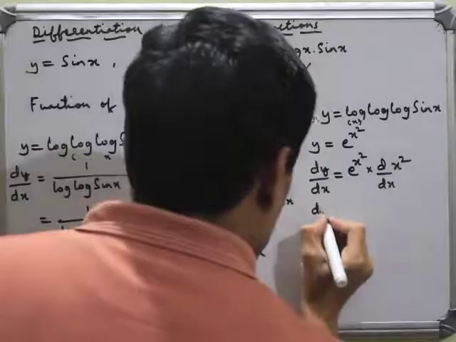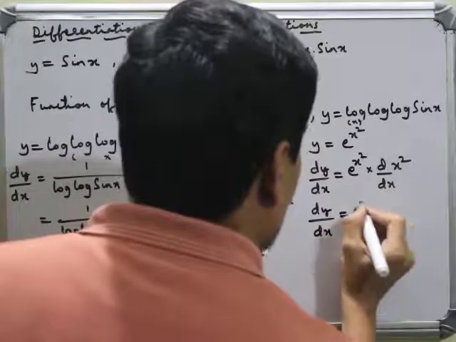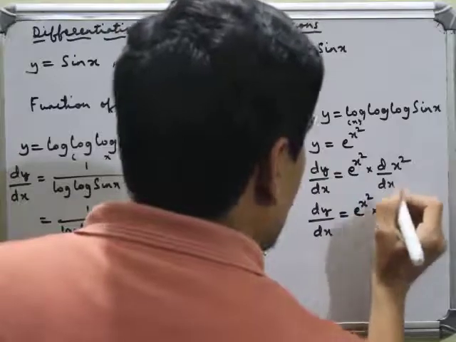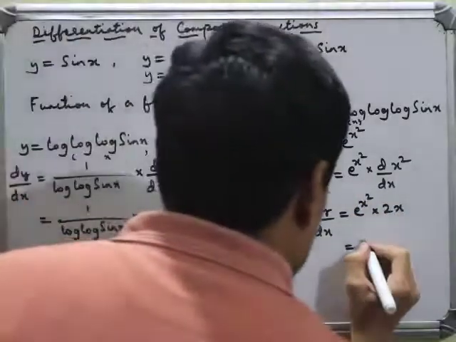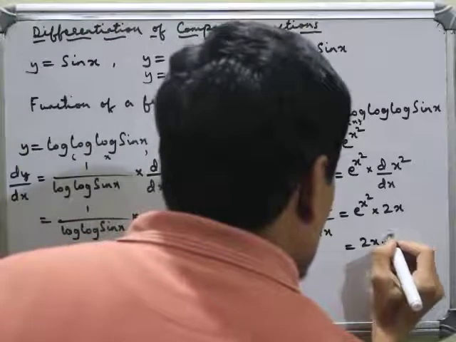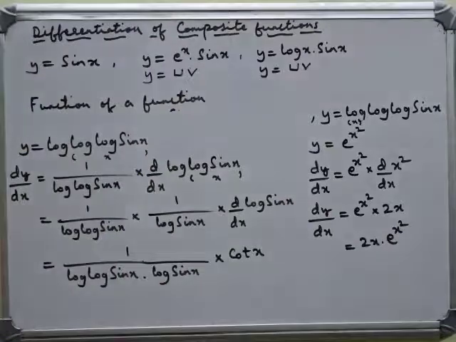So the final answer will be dy by dx is equal to e power x square into differentiation of x square, which is 2x, or you can write it as 2x into e power x square. So this is how you have to differentiate the composite functions.